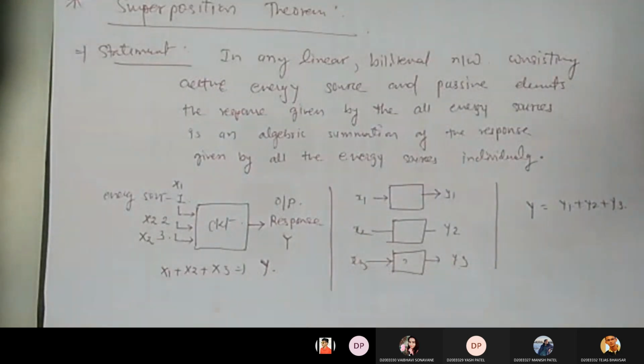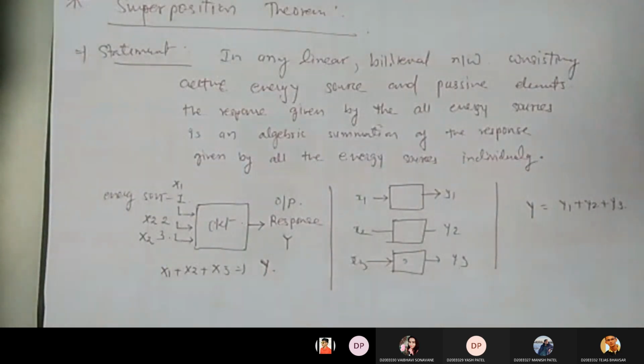What does that mean? If there are two or more energy sources in our circuit, and we want to find the current through an element or the voltage across an element, the final current or voltage will be the sum of the current or voltage when we apply each source at a time.